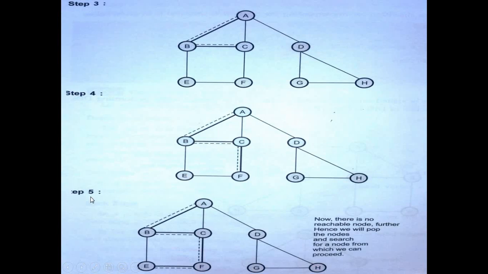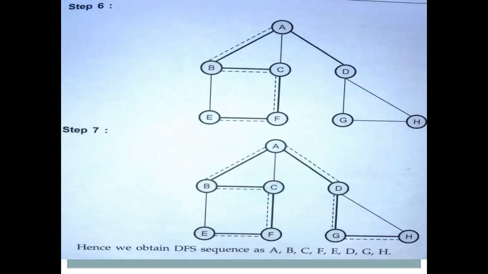Then from step number 5, our visited nodes are A, B, C, F and E. After that, from E, our adjacent vertices are B and F.